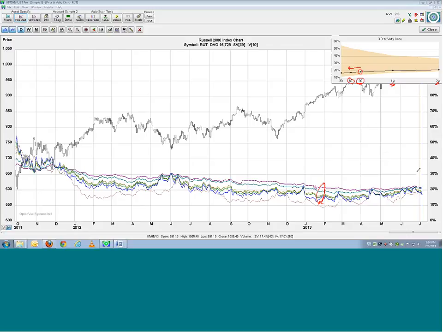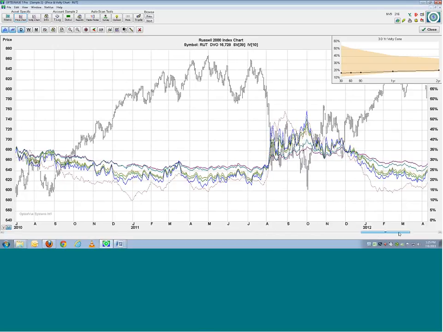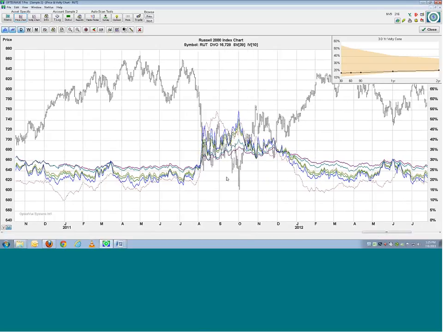Now watch this. I'm going to grab this little wand here and drag it, and you can see how the vol numbers change. I'm going to come back to '11. This was really dramatic here. Remember when the market took a nosedive in '11?